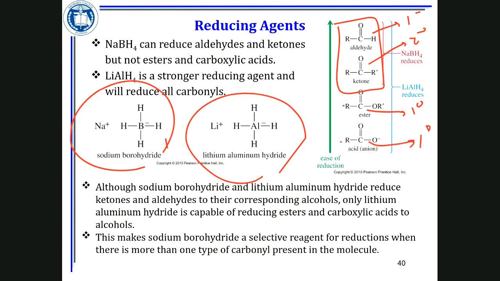Now, ketone would give you secondary. Can you make tertiary alcohol by reduction? The answer is no. You cannot make tertiary alcohol by reduction. It's either primary or secondary. Then you can use a reducing agent.